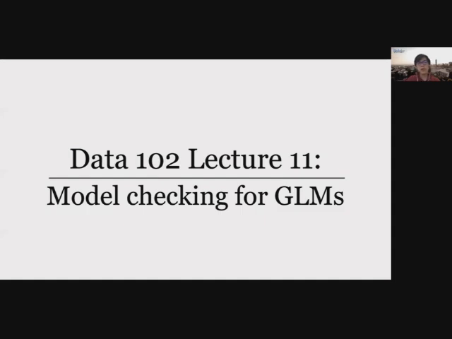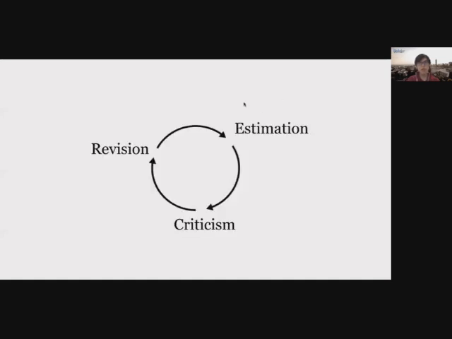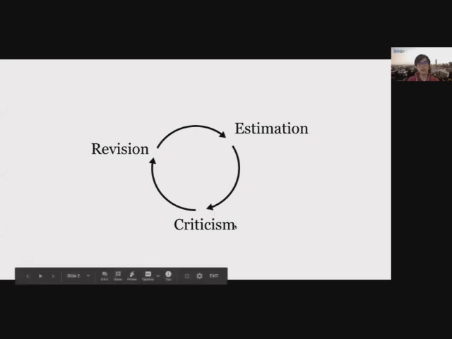Now, the whole point of model checking is that modeling is not a linear process, but it really is a cyclic process. So after we fit our models, in other words, after we perform estimation, we don't stop there. Instead, we want to check our models and criticize them, and to see whether they perform well or not. And in the light of this criticism, we want to revise the models.